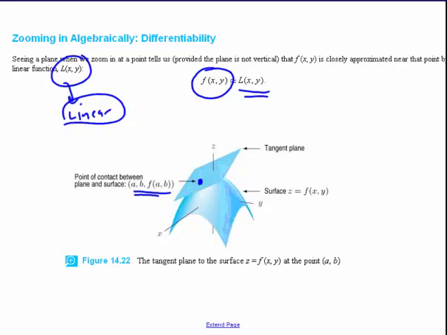And we like to deal with planes because they are much easier for us to visualize and to work with, because linear functions are simpler. So what we want to be able to do is get an equation for this linear approximation.